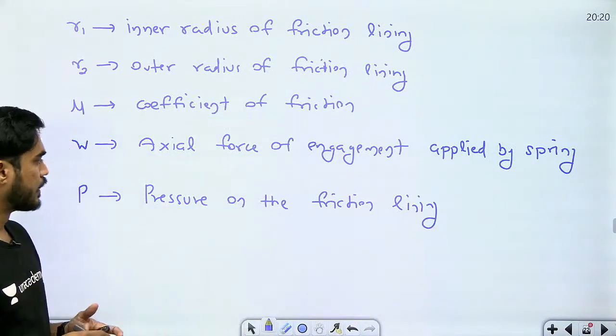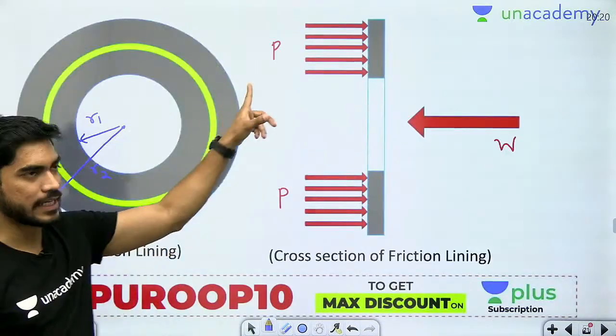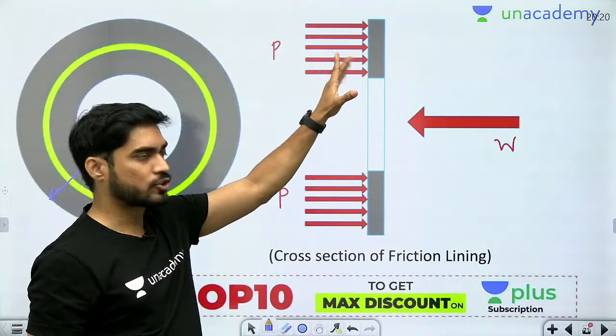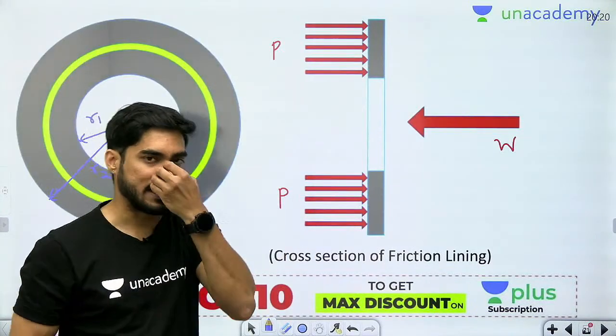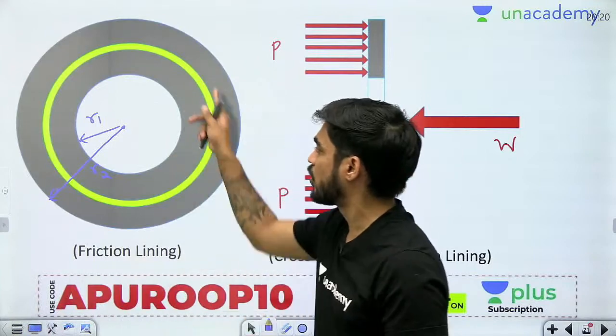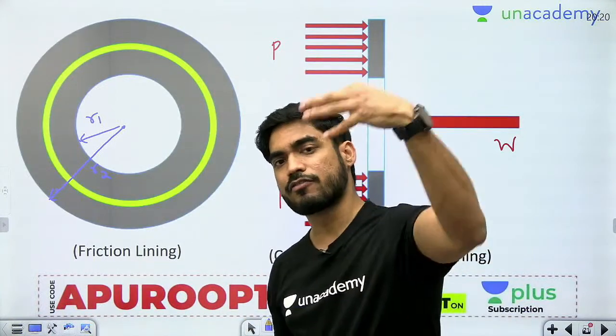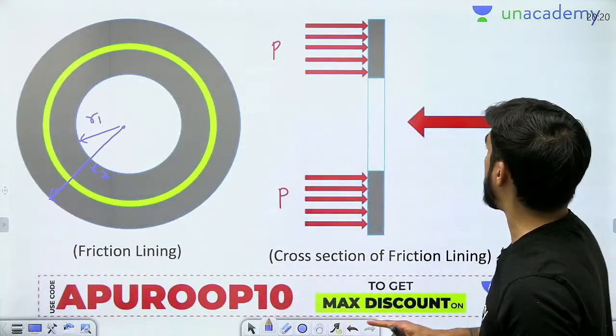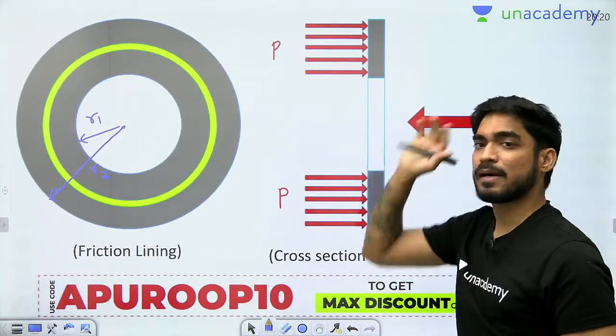Okay, now beta, this pressure has to be sustained by the material of friction lining. So whatever material you are using for friction lining, it should have a high coefficient of friction and it should also have a high value of allowable pressure.